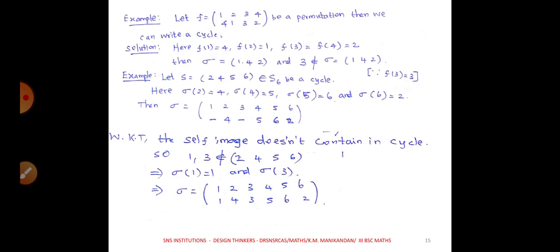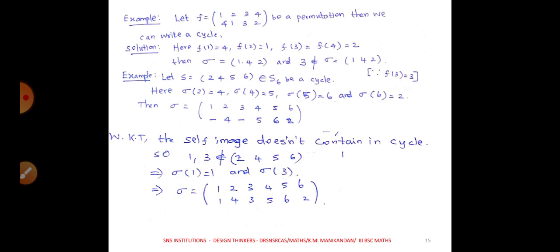So therefore 1 is mapped to 4, 4 is mapped to 2 and 2 is mapped to 1. So we get a cycle sigma consisting of the cycle (1 4 2), and 3 is mapped to 3 itself. And 3 does not belong to the cycle (1 4 2).